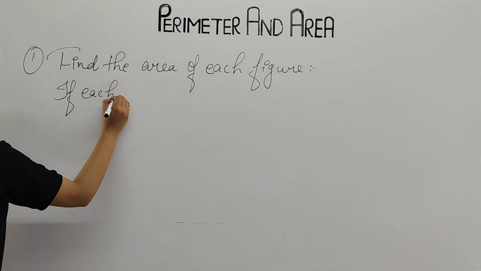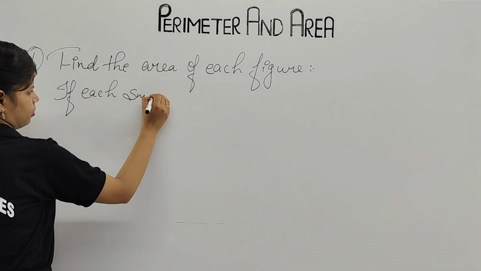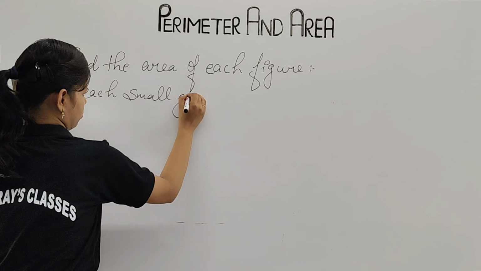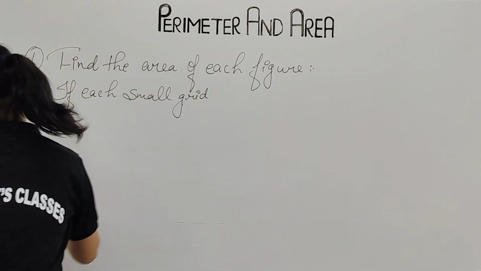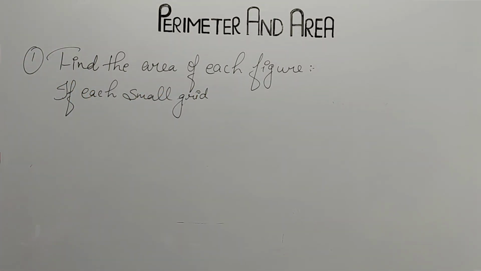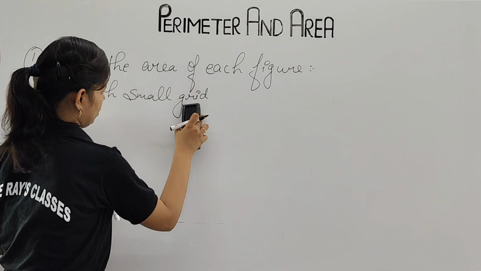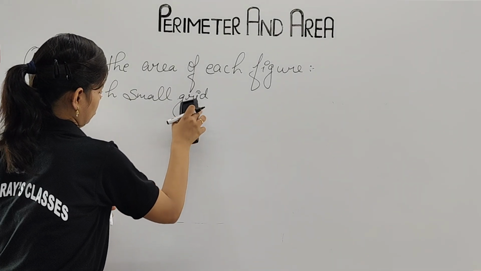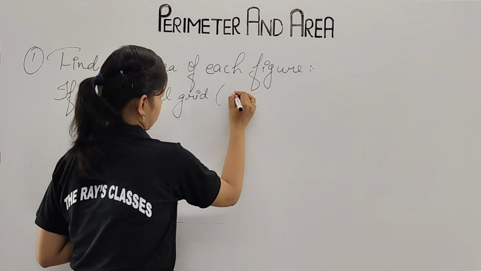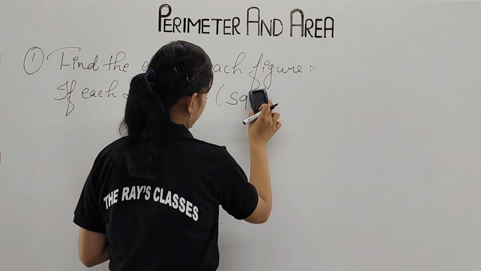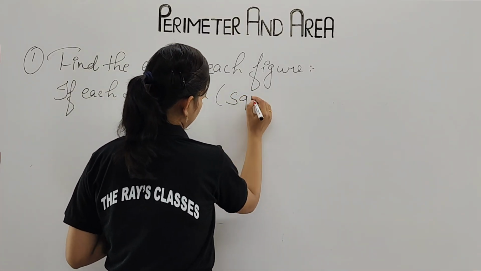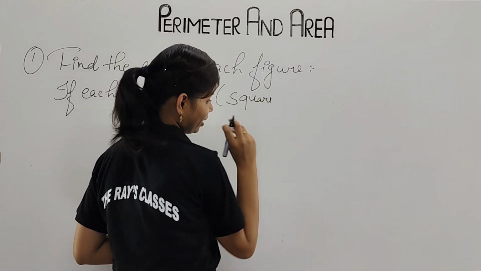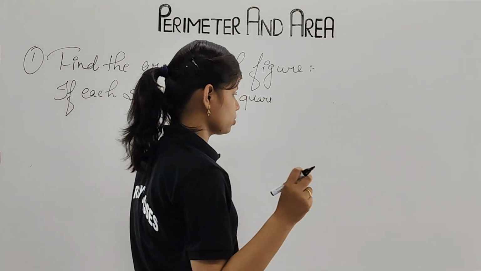Each small grid, in brackets, square, is equal to how many centimeters? Grid means all the grids have only one side, that will be a square.